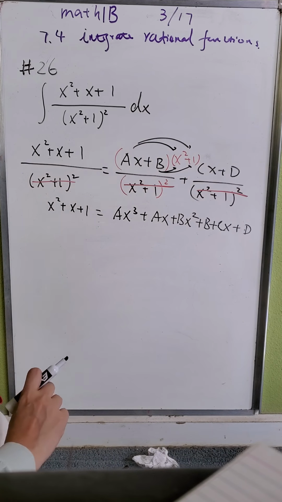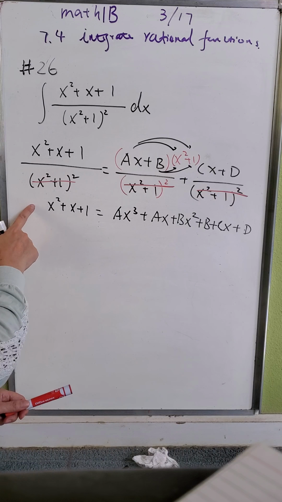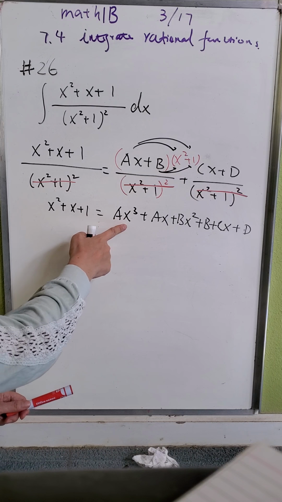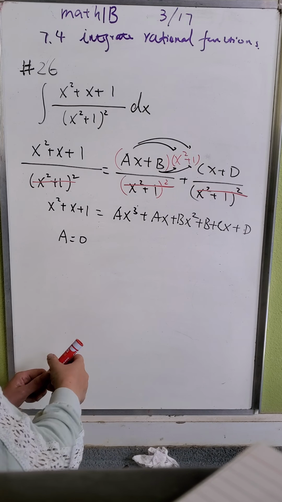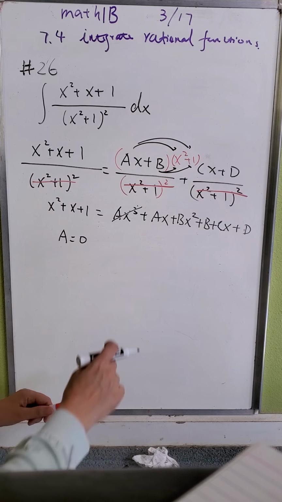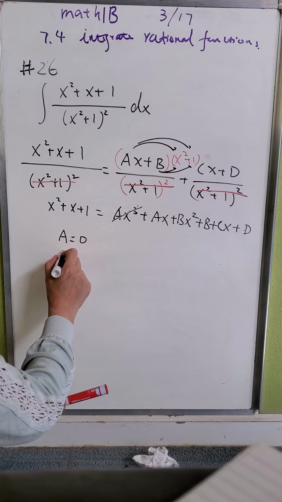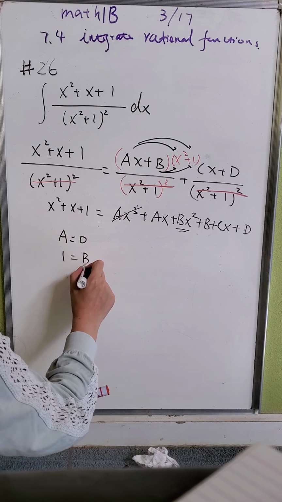And now you just match. Well, there's no x cubed here, right? So that's nice. There's no x cubed here, means nothing matches with this one, so that is equal to 0. So your a is equal to 0, okay? Now we're going to match bx squared. You can see 1 here, and for this one, b.